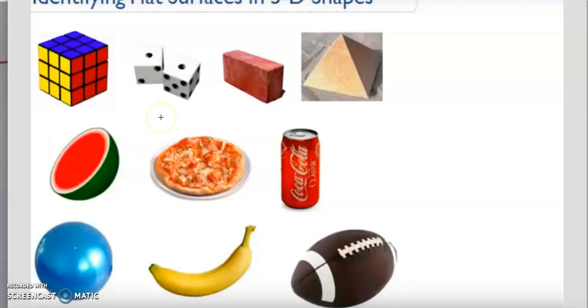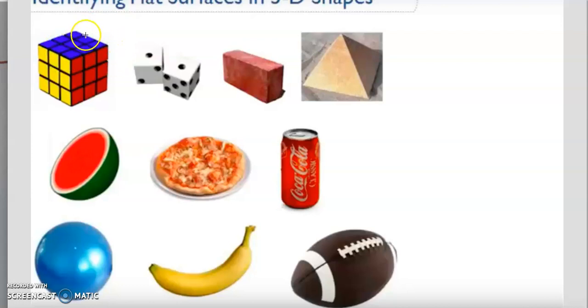So I have prepared some pictures of objects, and as you can see on the first row, we have Rubik cubes and a pair of dice and a brick and a pyramid. And if you look at all of these objects, they are all made with flat surfaces. So flat means you see how here there's no curve, right?